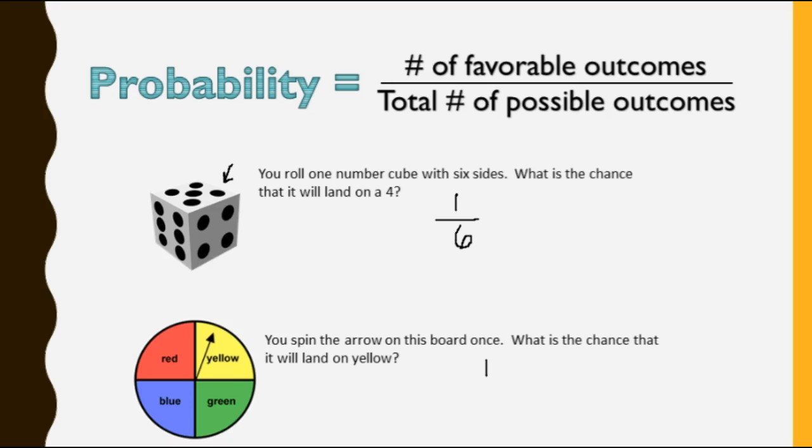If there were 2 yellow sections, we would say 2, but there's only one yellow section, so we'll say 1. And what's the total number of possible outcomes? Well, there's 4 different colors. So this probability would be written like this. There's a 1 in 4 chance of landing on yellow, or a 1/4 chance of landing on yellow.